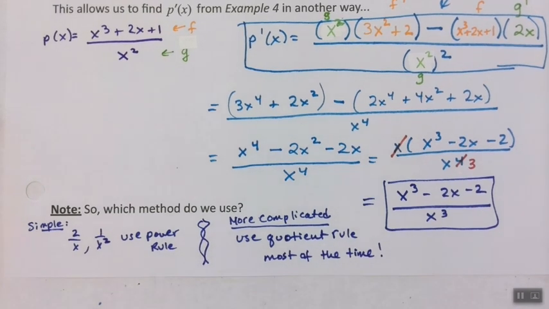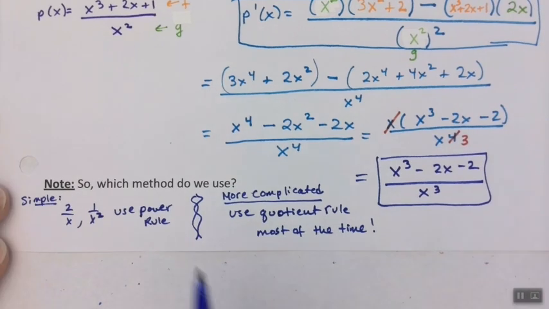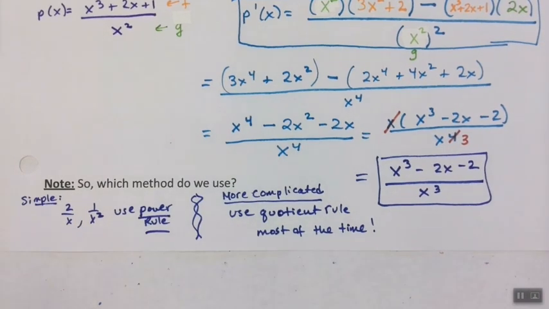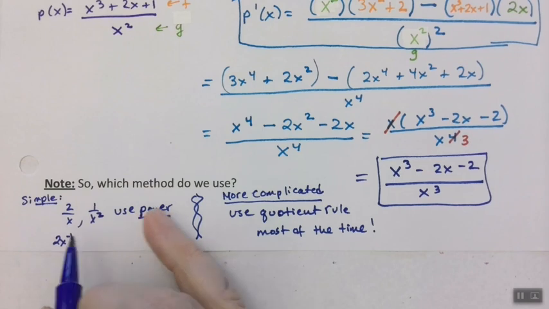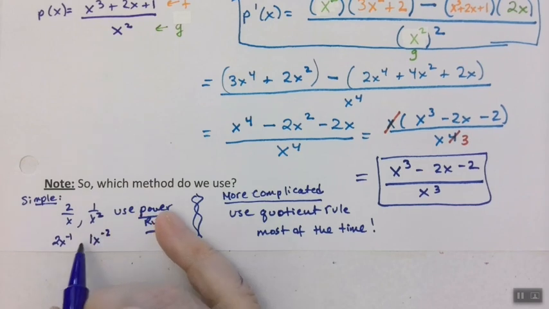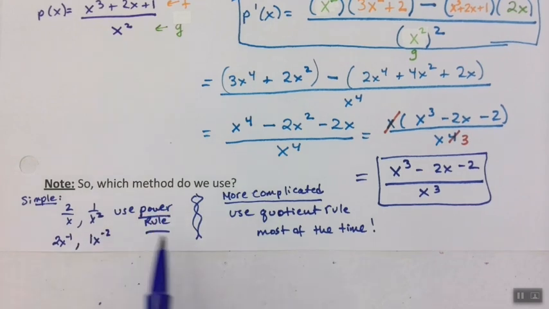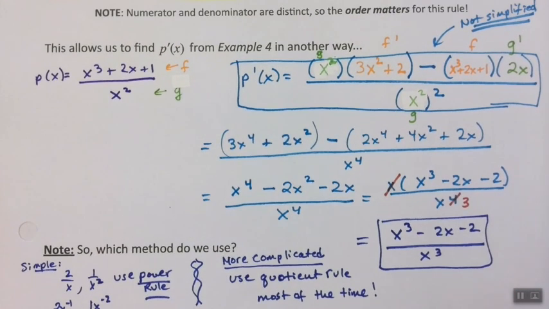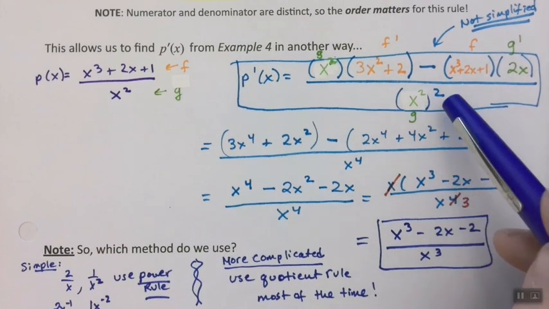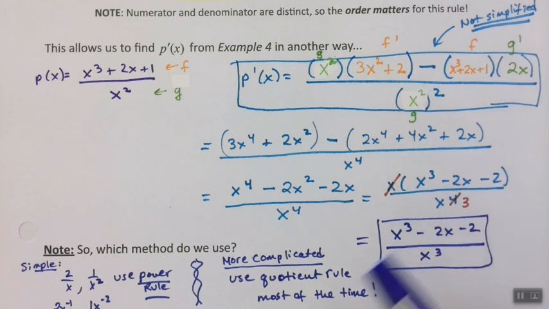The quotient rule is not our favorite rule, so we try to get out of it if at all possible. So we use the power rule whenever we can, for simple problems like these. We would change them into 2x to the negative 1, 1x to the negative 2, that kind of thing, and use the power rule. If it's more complicated, then usually we use the quotient rule and just leave it unless we have to simplify it, in which case then we will.